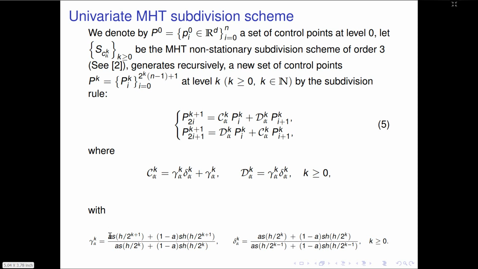Another thing is our scheme contains a parameter alpha, which is a shape parameter that, as we see after, has an important role in the limit curve or surface.